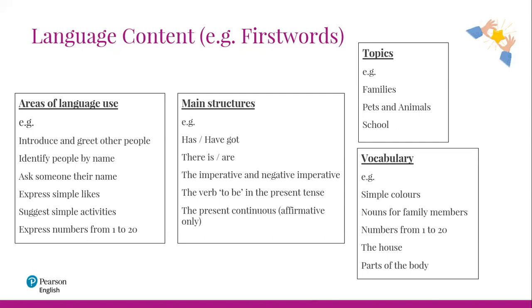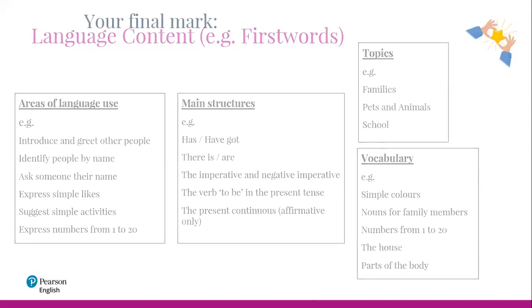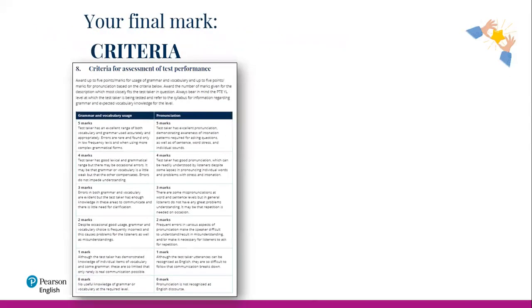the marking criteria and the descriptors of the marks. Apart from that, we also need this language content, because we have to bear in mind what level is being tested. Your final mark is some kind of a total of the information from 2 documents.